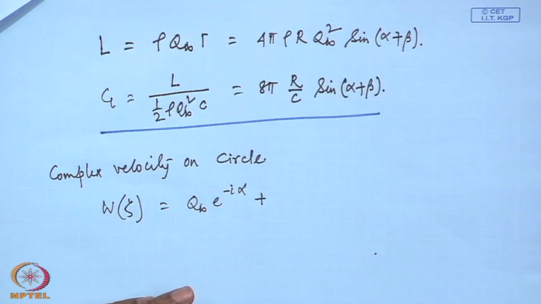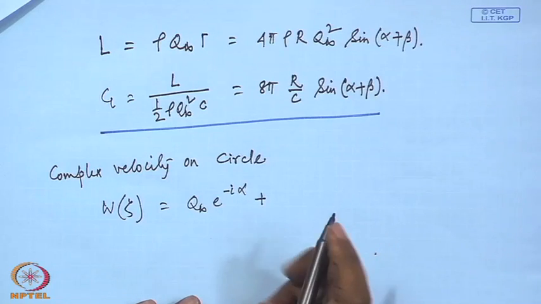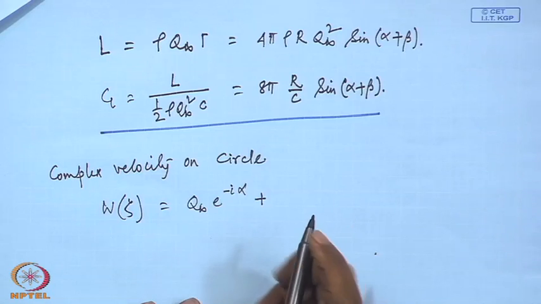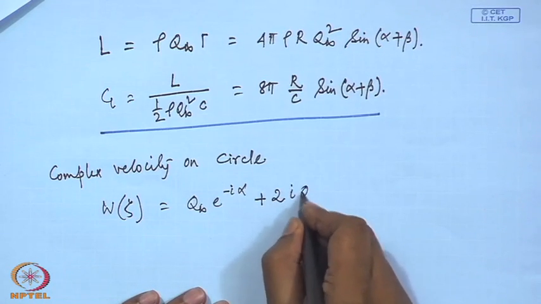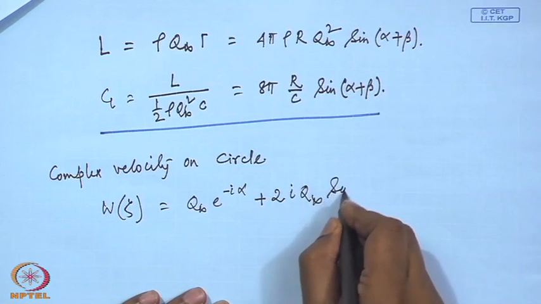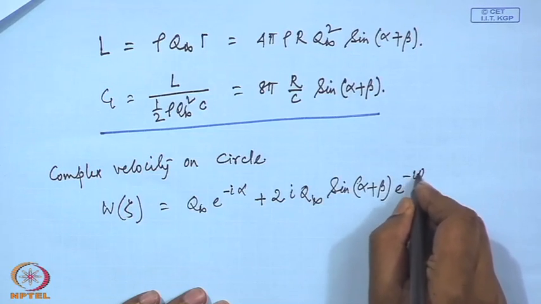And what is that zeta minus zeta naught? r e to the power i theta. Now, it is i theta, not beta. That r also gets cancelled. So, what remains? 2 i q infinity sin alpha plus beta into e to the power minus i theta.